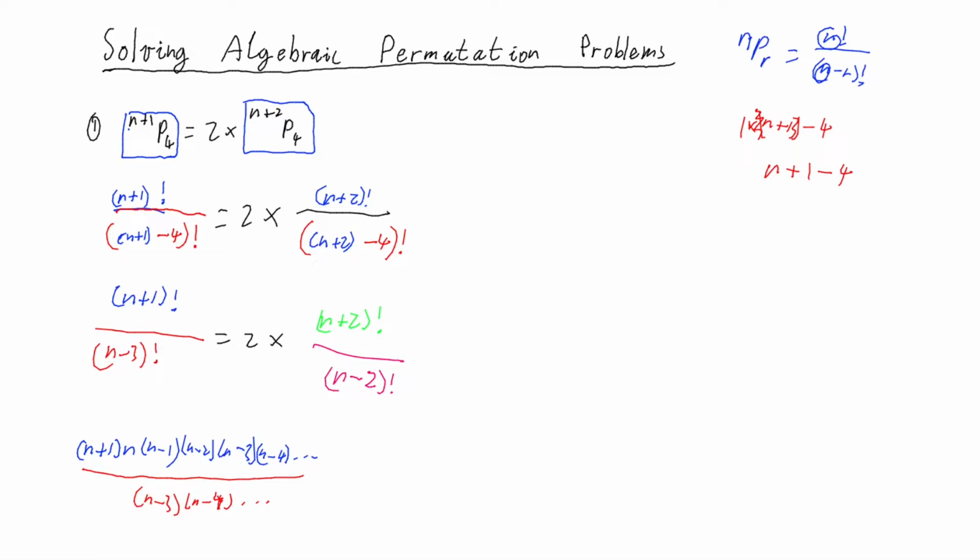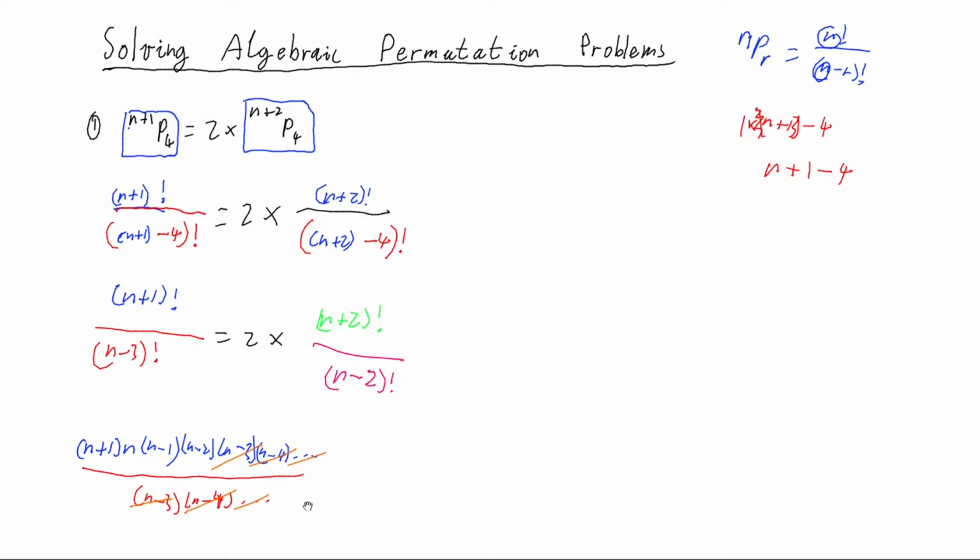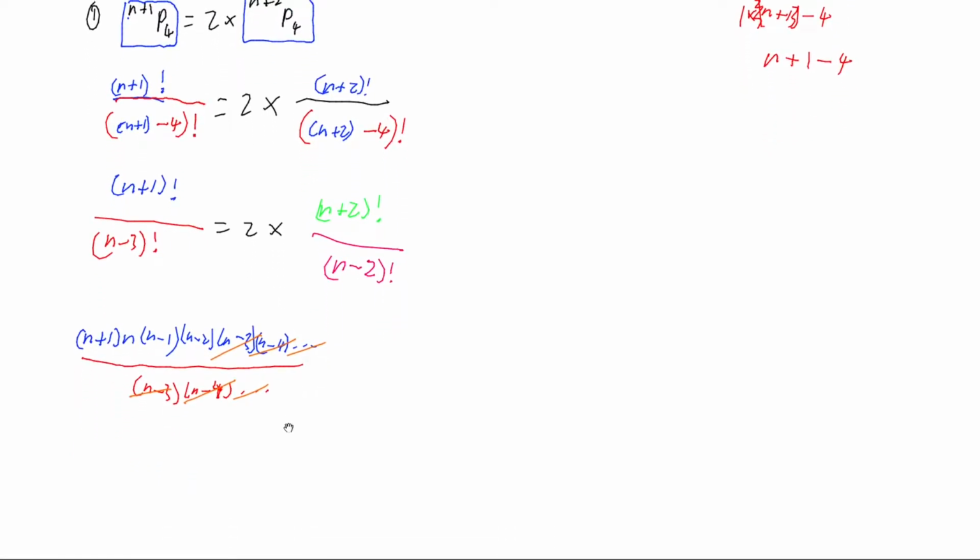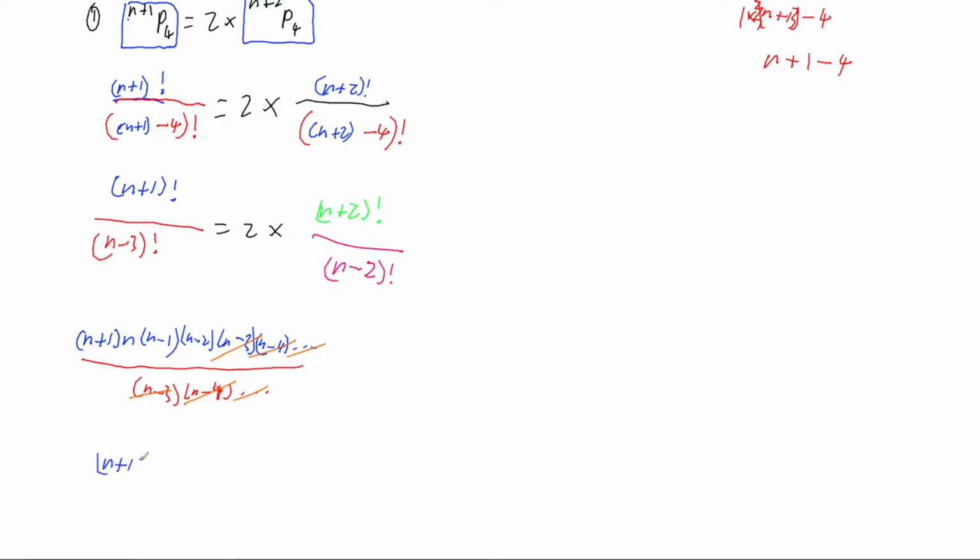We've got enough here to show that the n minus 3 and the n minus 4, and everything else, is going to cancel out, leaving us with this part of the expression. So we'll write that below. Here we've got on the left n plus 1 times n times n minus 1 times n minus 2.